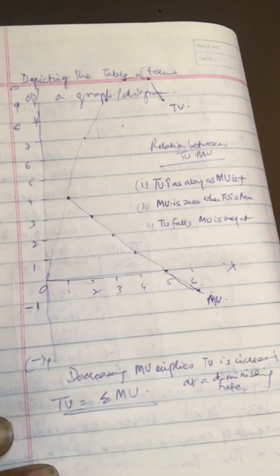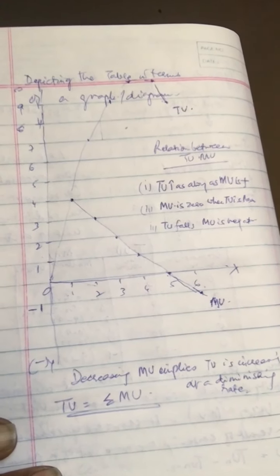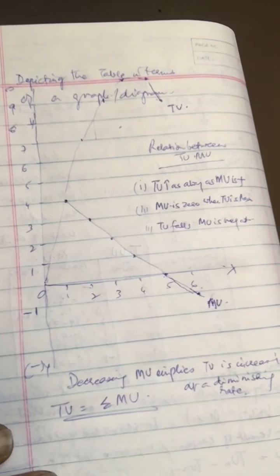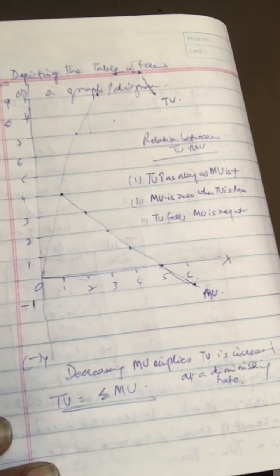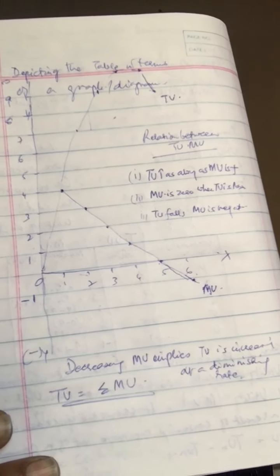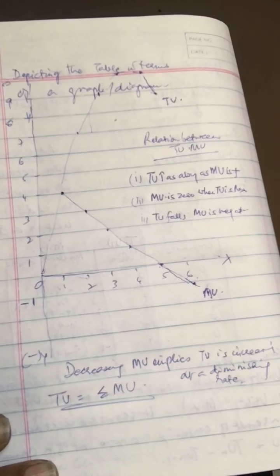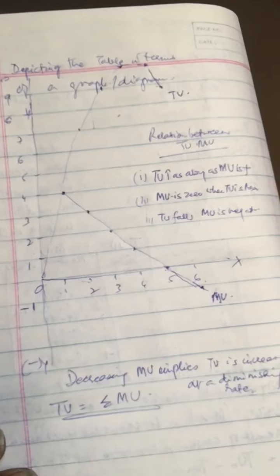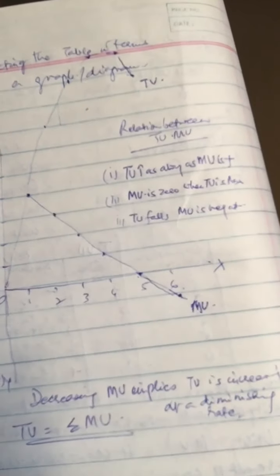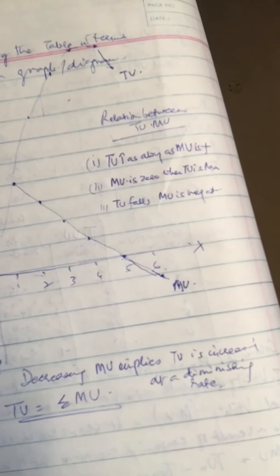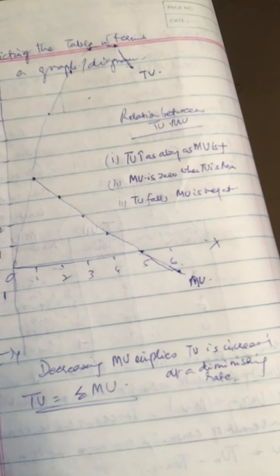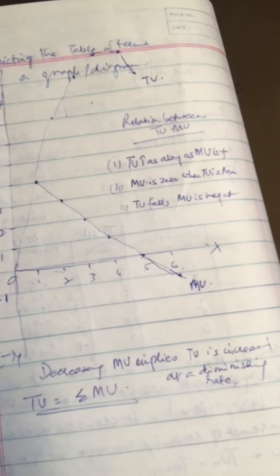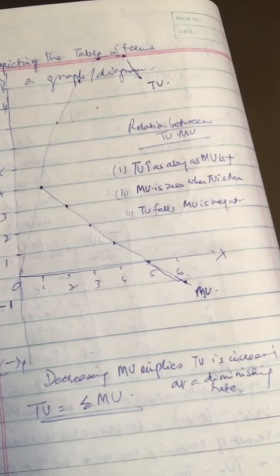According to the law, as consumption is increased, marginal utility falls. During the fall, marginal utility is positive in the beginning. When total utility is increasing, marginal utility is positive. When total utility is at its height, marginal utility is 0. And when total utility falls, marginal utility has become negative.